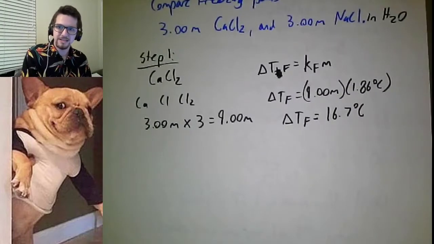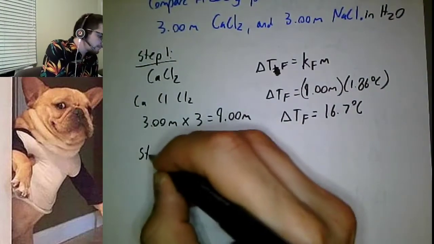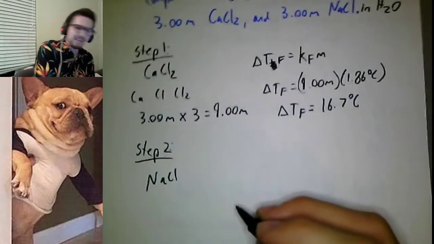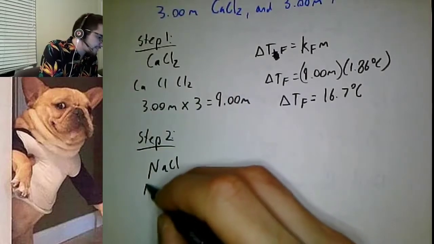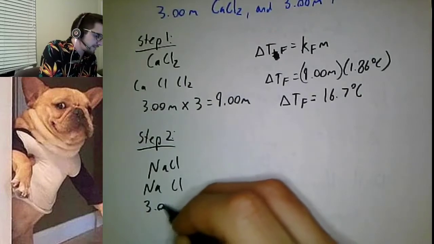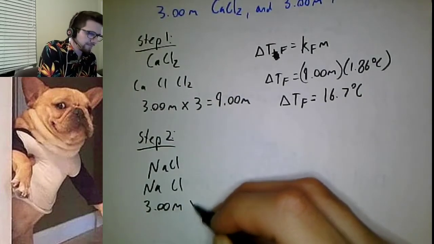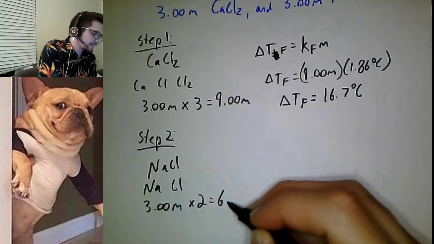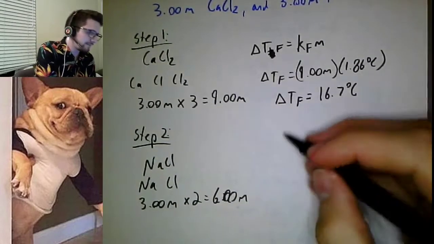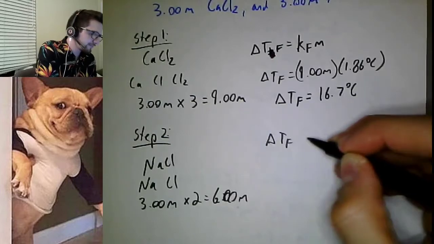Let's do it for the NaCl. Breaking this apart, how many pieces do we have? I have an Na and I have a Cl. So I'm going to multiply my 3 molal by 2, and I get 6 molal. So now I have that. I can plug it into my equation.